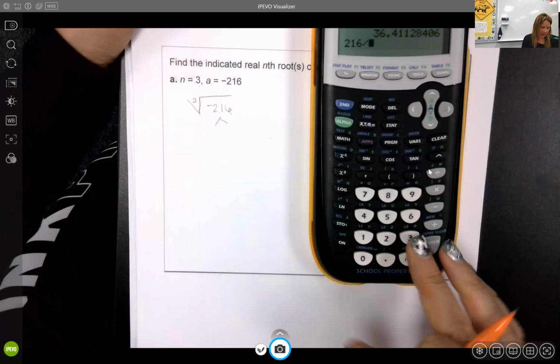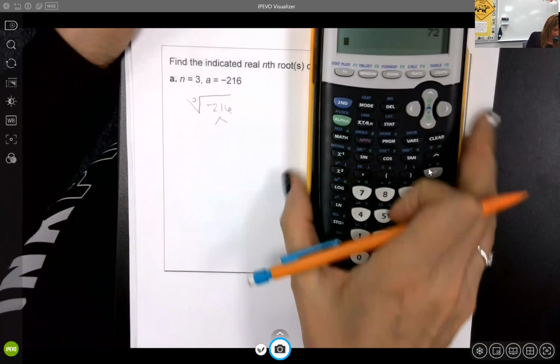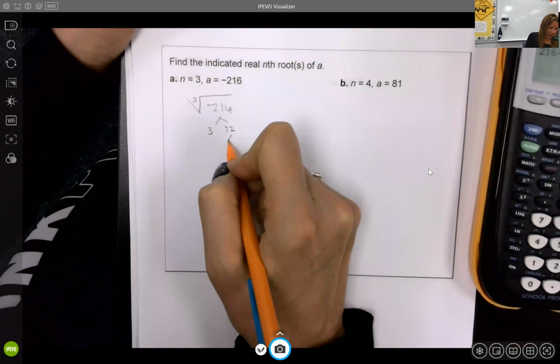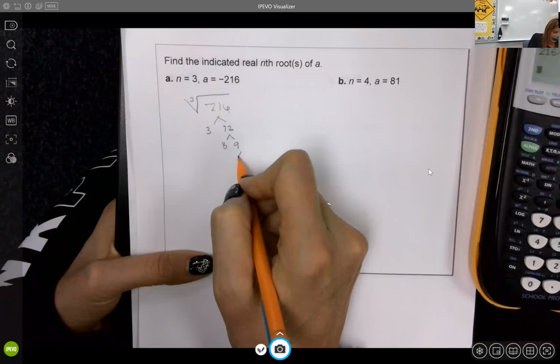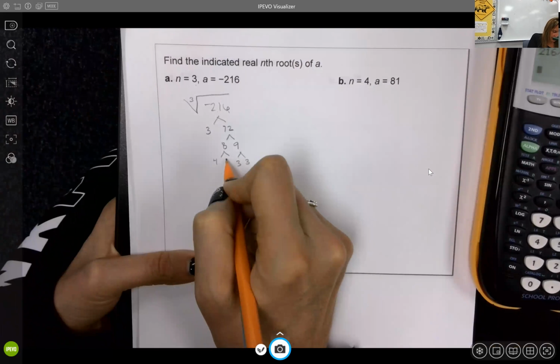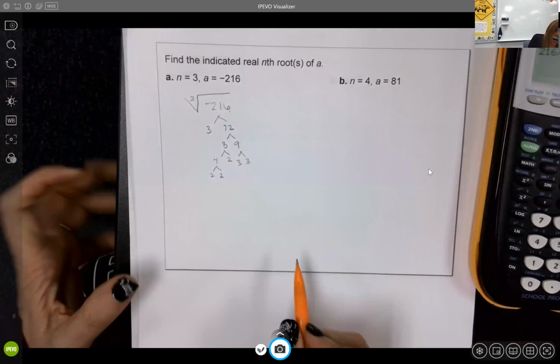Let's see if that divides by 3. It does. So let's do 3 and 72. And 72 I know is 8 times 9. Okay, 9 is 3 times 3. 8 is 4 times 2, and 4 is 2 times 2. So we have all these numbers here, okay?